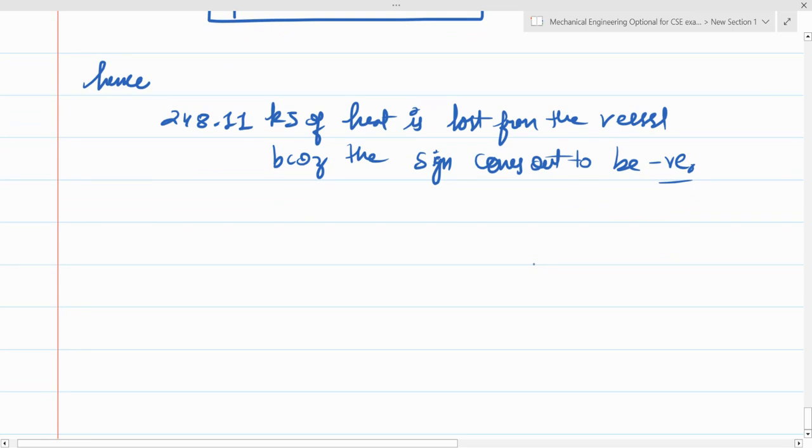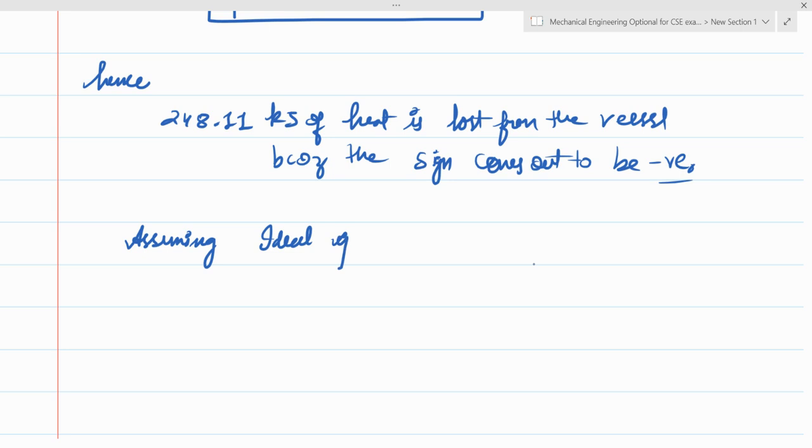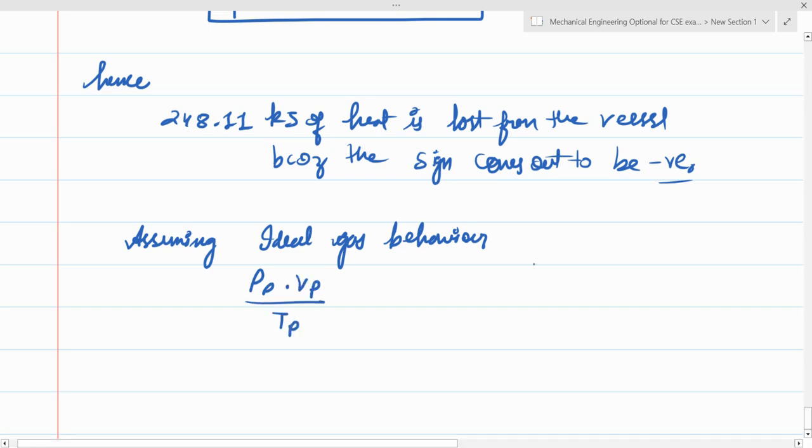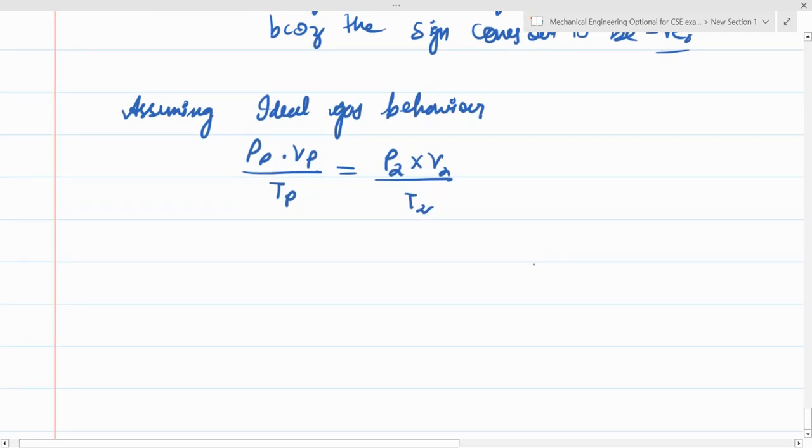Now we can assume ideal gas behavior. Pp multiplied by Vp divided by Tp is equal to P2 into V2 divided by T2.